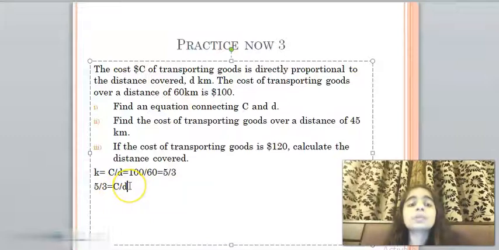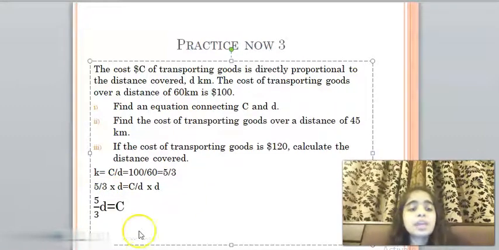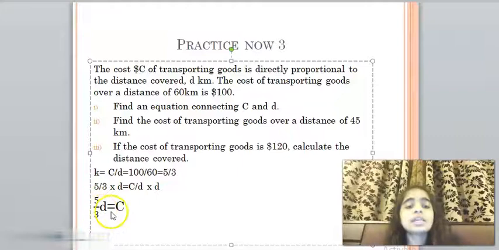So in order to keep this C alone, we shall multiply both the sides by D. Now when we multiply this side by D, we will only be left with C for this side. What about this side? So for this side it would become 5 upon 3 D. So our final equation will be 5 upon 3 D equals C. We can write it as C equals 5 upon 3 D. So our part 1 is done.